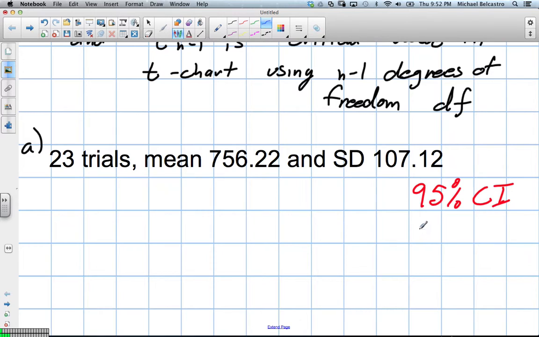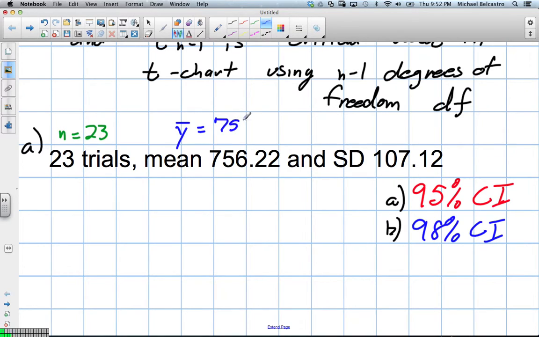In fact, on top of that, we'll do a 98% confidence interval also. So we'll do an A and a B. Our n in this case is 23. We have 23 trials. Our y bar, which is our sample mean, is 756.22, and our s, which stands for our standard deviation, is 107.12.